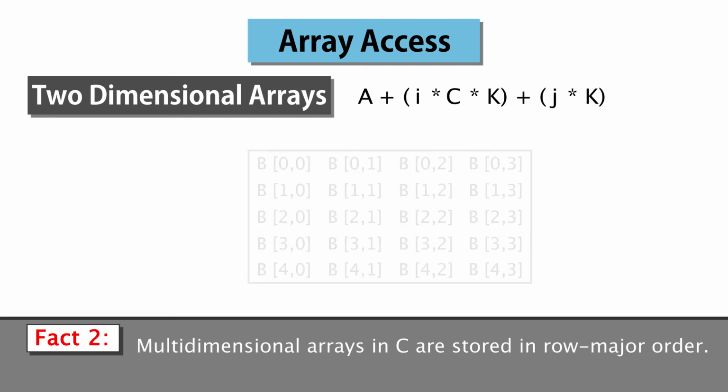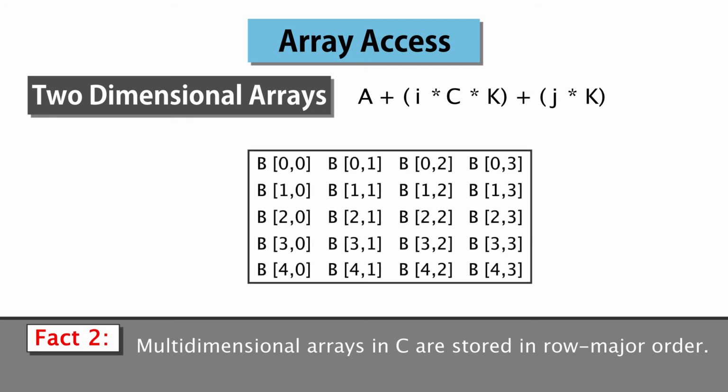For example, take our 5x4 array B. Suppose we want to compute the address of element B[4][2]. For this example, i equals 4, j equals 2. C equals 4 since there are 4 columns in array B, and K equals 4 since an int occupies 4 bytes of storage. Finally, B is the address of the start of the array in memory.